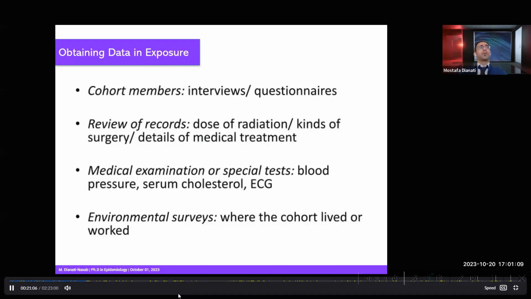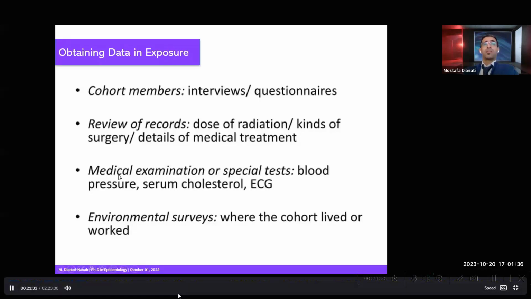So in order to obtain data for exposure, there are several ways that you can go for. For example, you can perform interviews, questionnaires, you can check their medical records, for example, if they were at risk of getting, for example, a chest X-ray, if they had any kind of surgery, and so on.